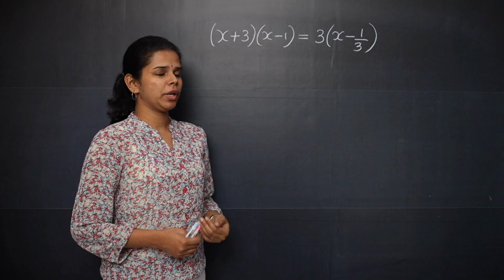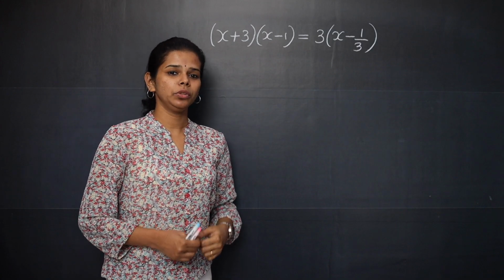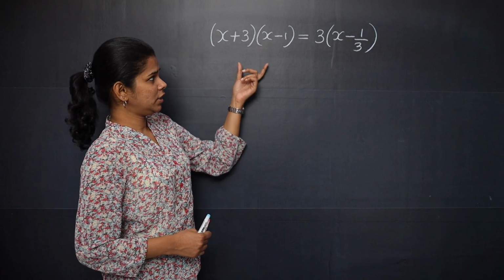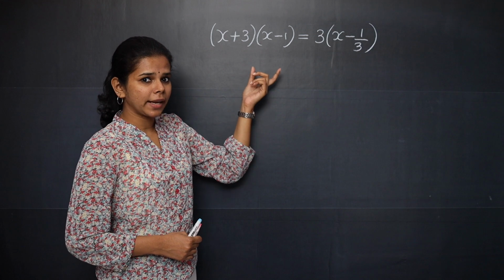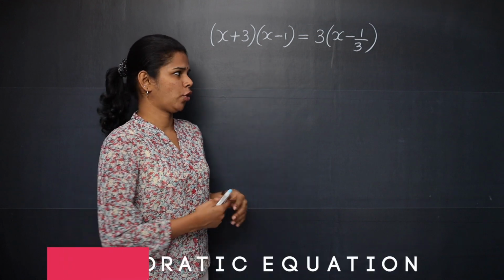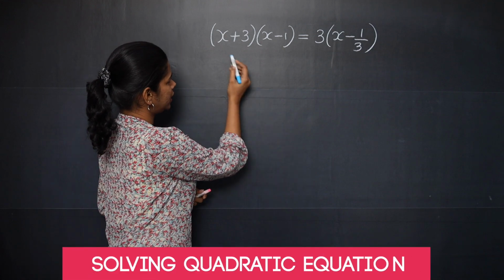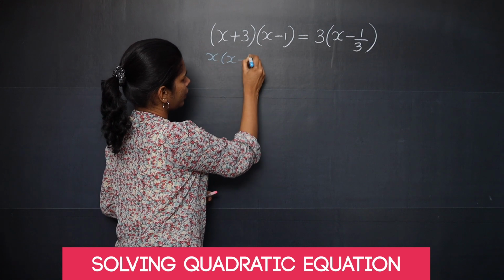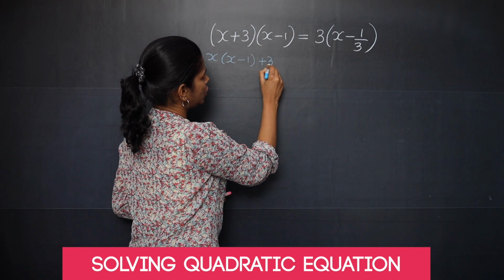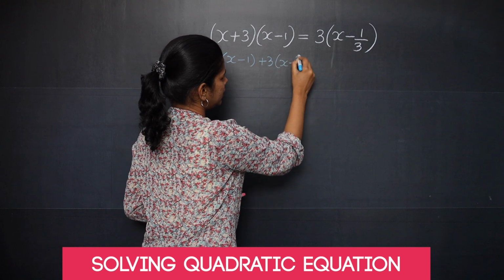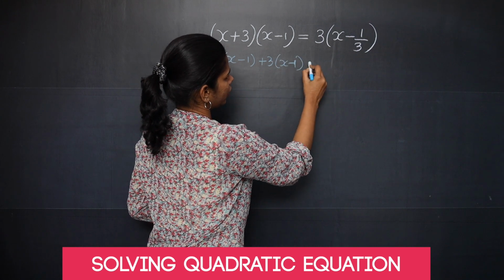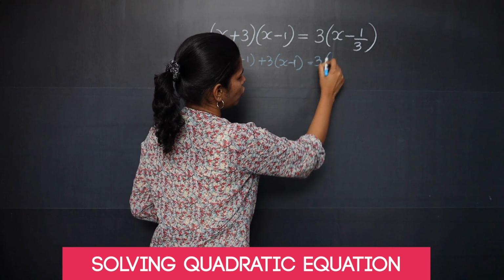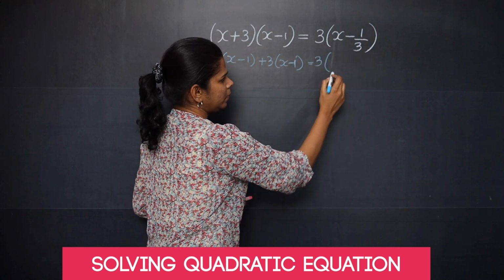x plus 3 into x minus 1 is equal to 3 into x minus 1 by 3. When you get such questions, you will have to open the bracket and make it in the standard form. So here it will be x into x minus 1 plus 3 into x minus 1 is equal to, here 3 into, you will take the LCM.